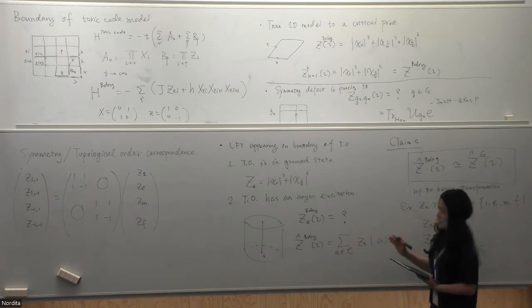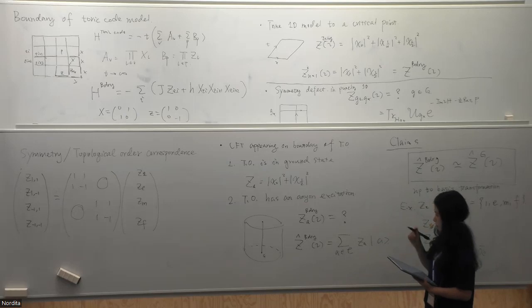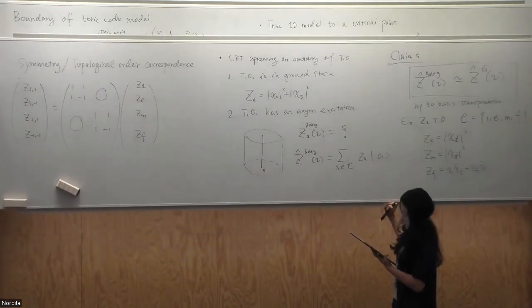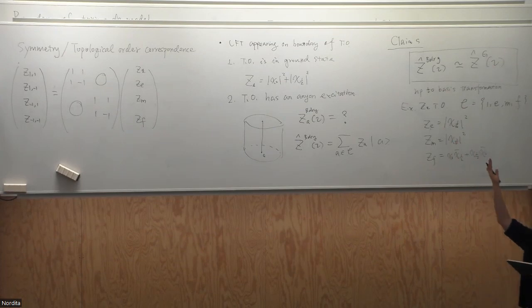So this is the basic technique for using symmetry topological order to compute the low energy spectrum with symmetries. Now, as I claimed, this left-hand side is practically possible to compute.